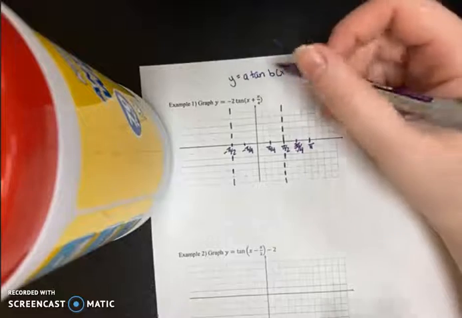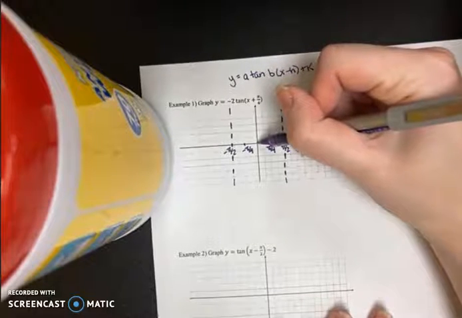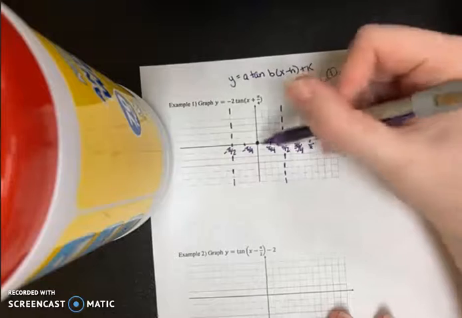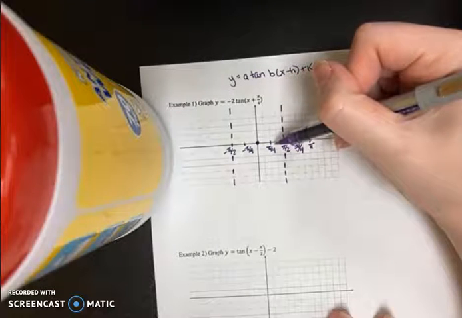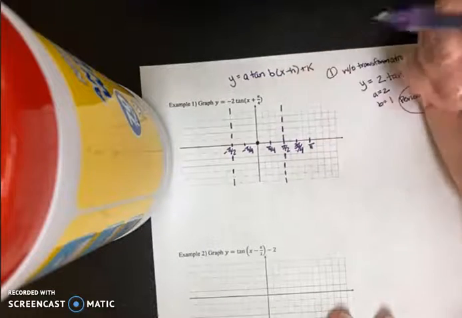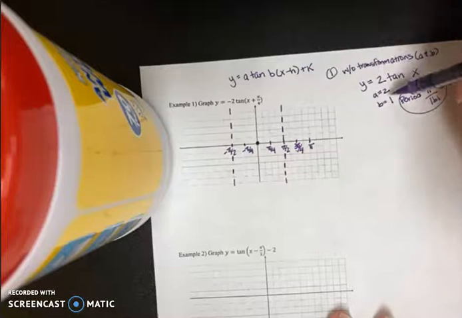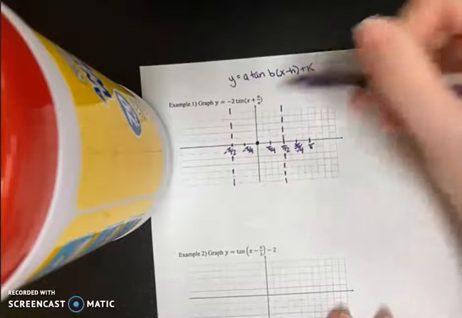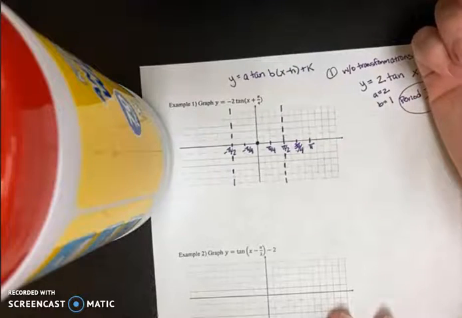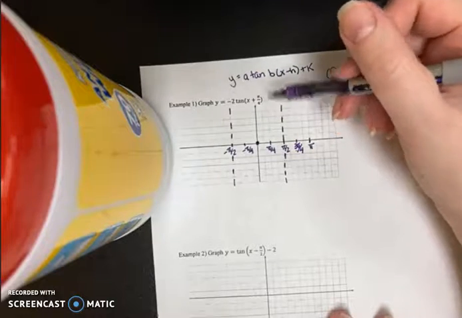The pattern for tangent is that the first cycle starts with the origin, and then on the right-hand side, we're going to go right 1 tally mark, up whatever the a value was. The a value was 2, so if you use a scale of 1/2, you would go up 4 units. If you use a scale of 1, you would go up 2 units.